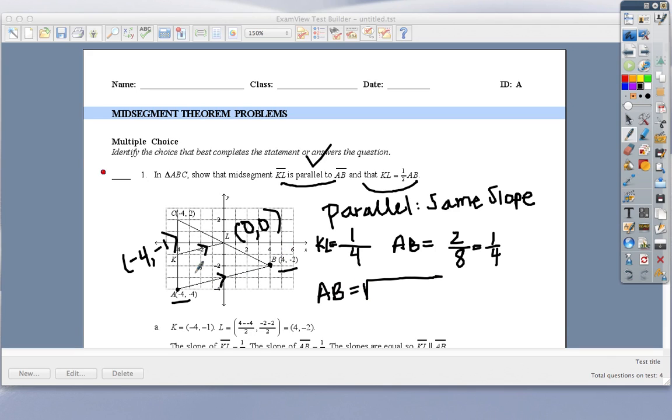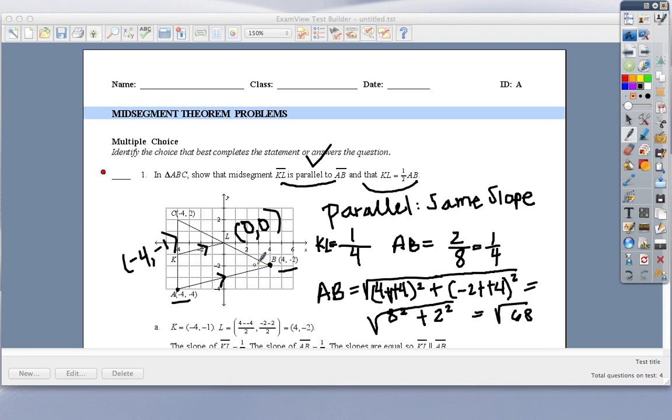This is x2 minus x1, 4 minus a -4, squared, plus -2 minus a -4, squared. The two negatives next to each other turn positive, so it's 4 plus 4, which is 8 squared, plus 2 squared, and that gives us 64 plus 4, 68. So the square root of 68.